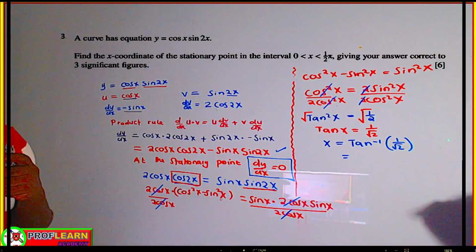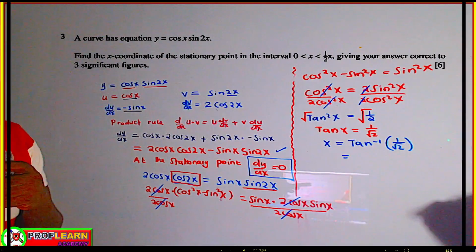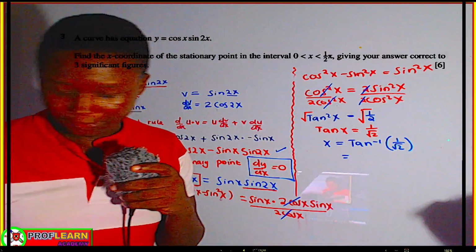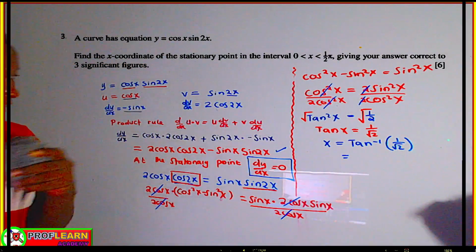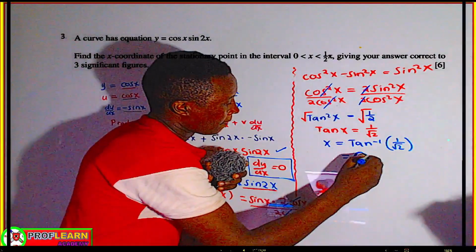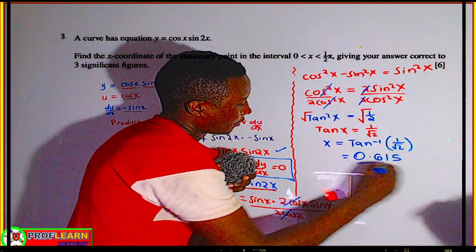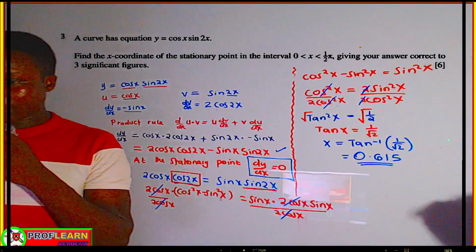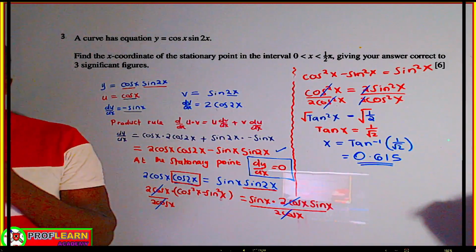So the answer you are going to write is 0.615. And now that becomes the x coordinate of the stationary point.